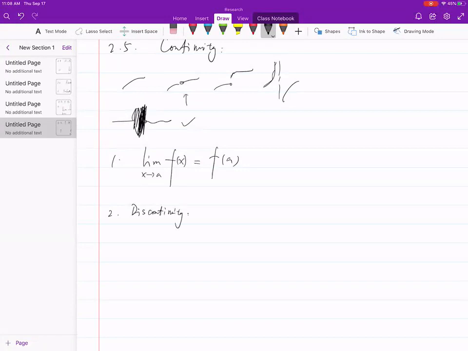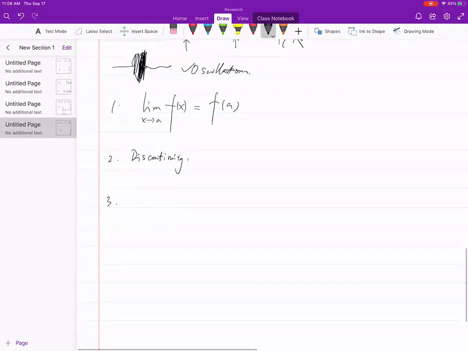This is called a removable. This is called a jump. This is vertical asymptote, and this is called oscillation. It's in your notes. Okay. After that, we try to define, well, since we have a limit equal to the function, of course, we can talk about limit on the left and the right equal to the function. We define one-sided continuity.